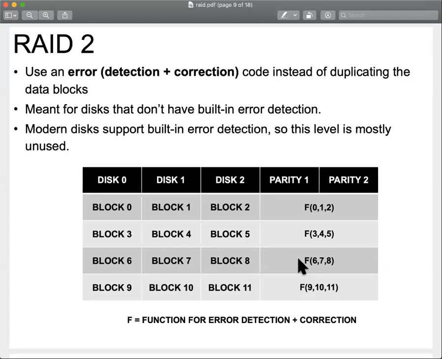But this was mainly useful for the old disks where error detection was not built into the disks. These days, most of the disks that we buy have some form of error detection built in, which means that if a block gets into error, there are some error correction codes that are stored, and then the disk firmware can automatically recover the failed data up to some extent.